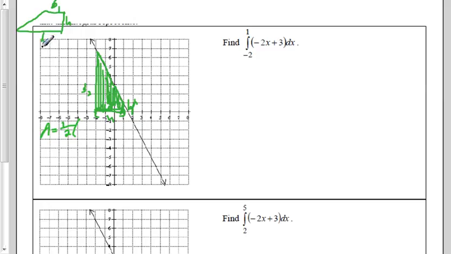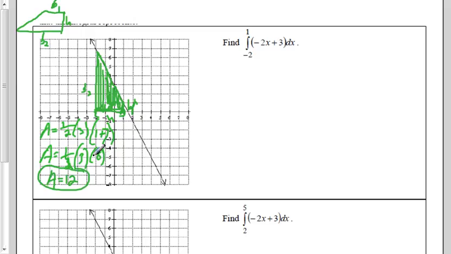The height is from negative 2 to 1, so that's 3. And then the sum of the bases: when x equals 1, negative 2 times 1 is negative 2, plus 3 is 1. And then I go to negative 2: negative 2 times negative 2 is positive 4, plus 3 is 7. So area equals 1/2 times 3 times 8, 3 times 8 is 24, half of that's 12.